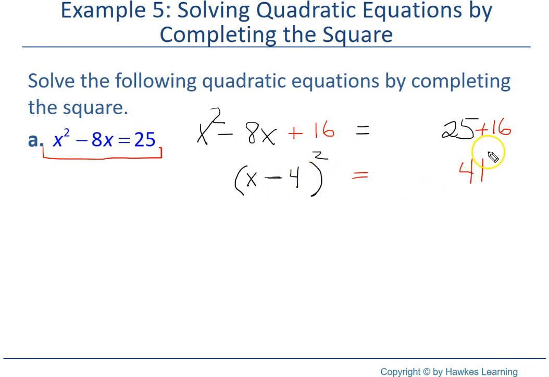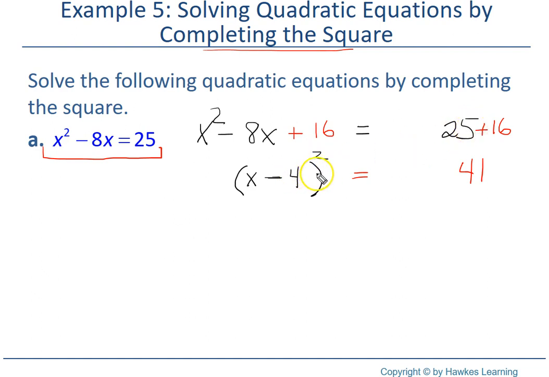So now I have an equation. Now it's not the original equation anymore, but it's an equivalent equation. I've made this a perfect square trinomial by completing the square, and I kept it as an equation by whatever I did to this side, I did to that side.